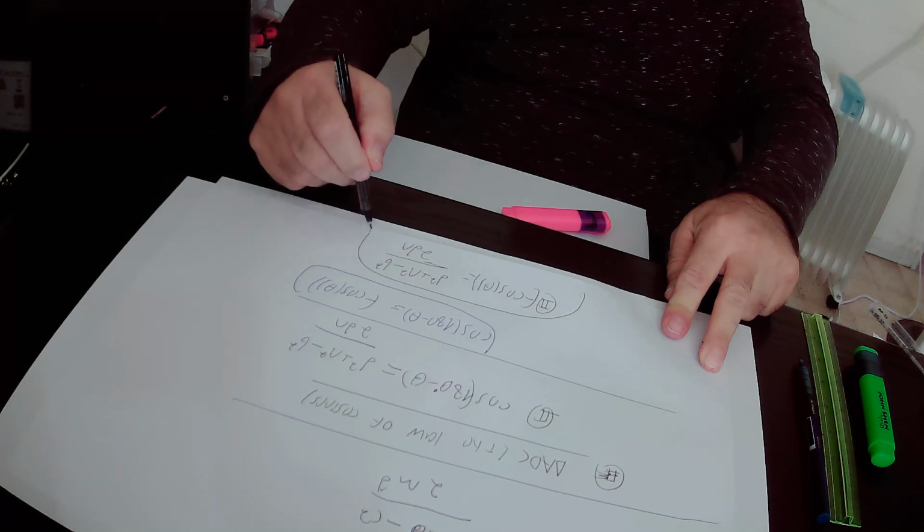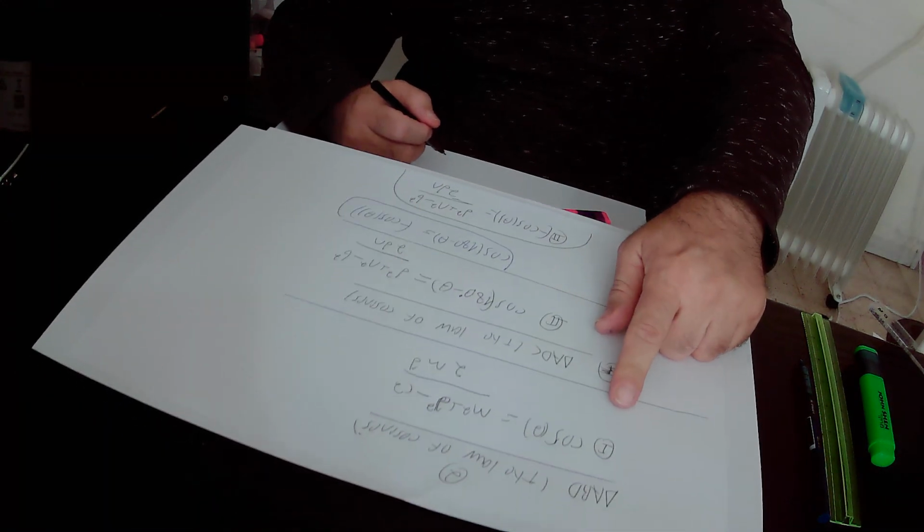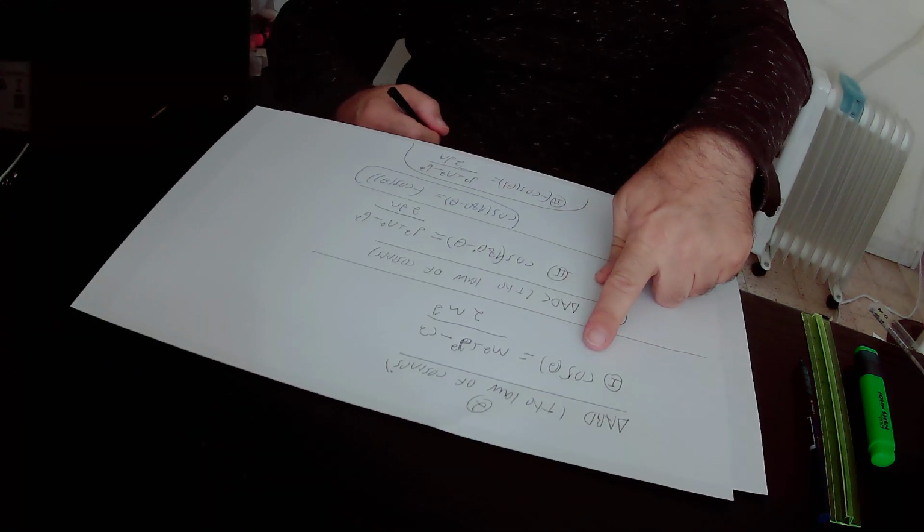In the next step, we will multiply equation number 1 by minus 1.